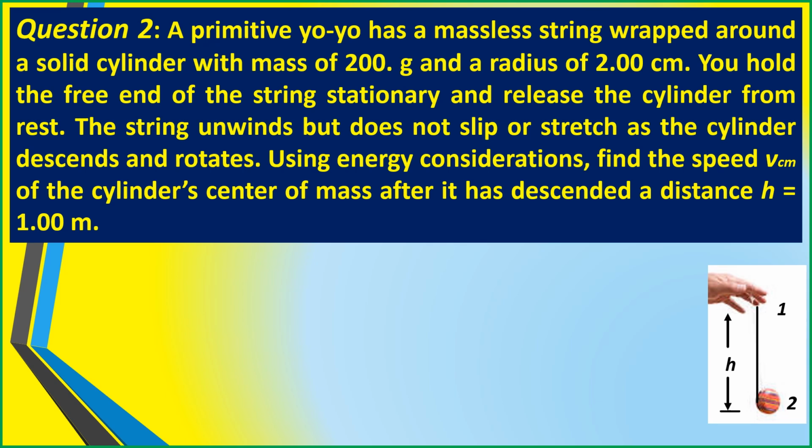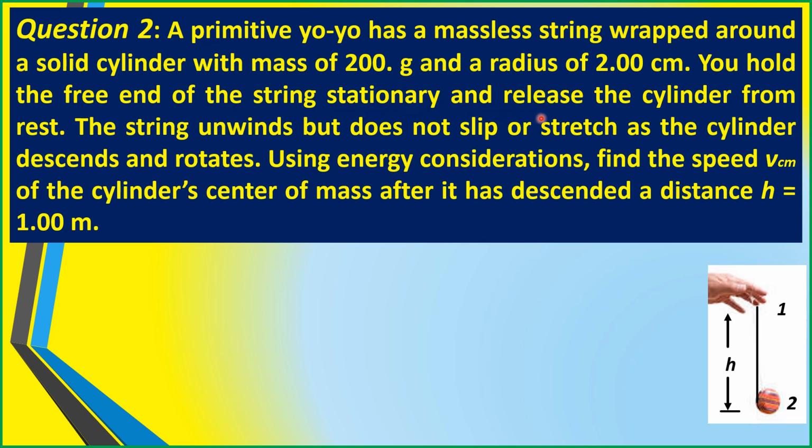The question reads: a primitive yo-yo has a massless string wrapped around a solid cylinder with mass of 200 grams and a radius of 2.00 centimeter. You hold the free end of the string stationary and release the cylinder from rest.